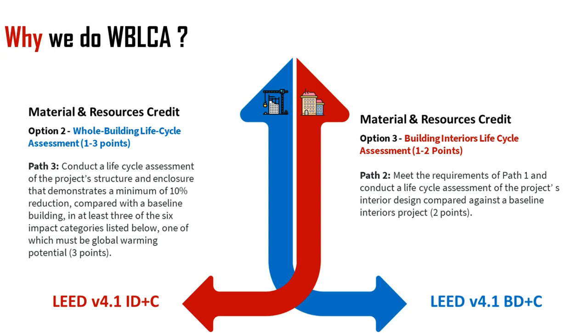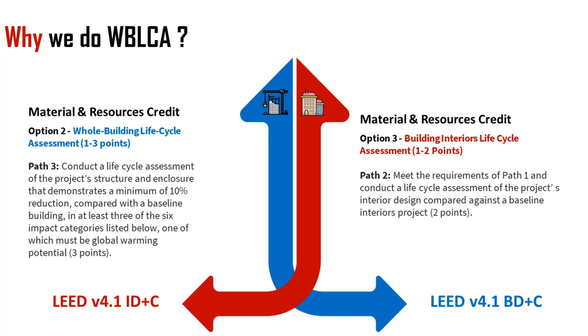So what is path 1? Path 1 might be utilizing any salvaged materials or reused materials or whatever it is. So if you do only building LCA, you will get 1 point, and along with path 1, when you combine the performance of your building LCA result, you will get one more additional point, that is 2 points.